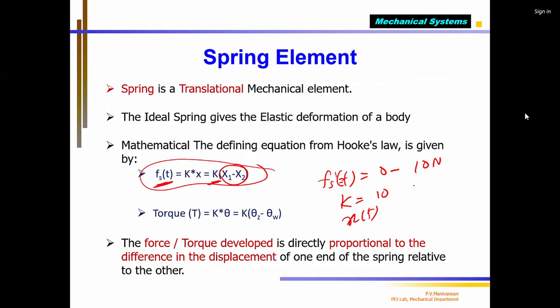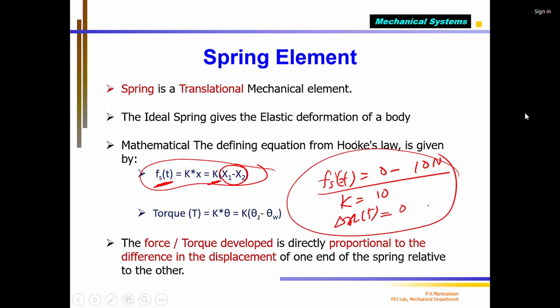I can write a C program. So if I vary my input, how much is delta x varying? The system computes and provides. I can plot a graph. So this is nothing but designing the spring. Designing a spring is nothing but how much displacement the spring should have. For example, a shock absorber. When the force is applied, how much it should get compressed. Correct?